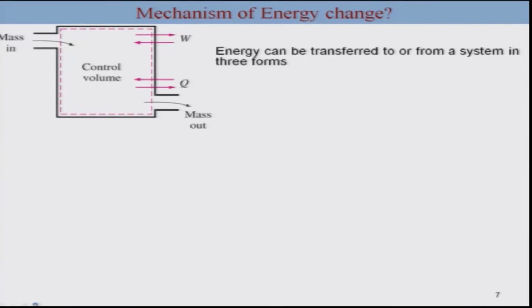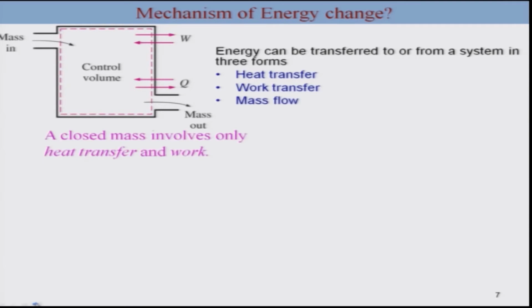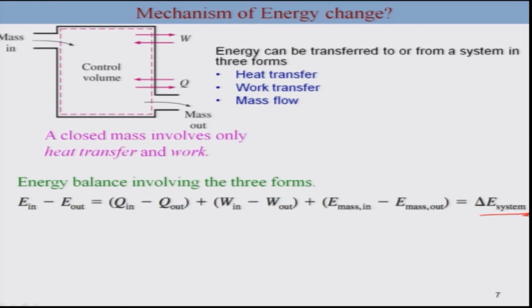As I said, energy can be transferred to or from a system in three forms: heat transfer, work transfer, and mass flow. If you close the system, then the only ways are heat transfer and work. We already talked about delta E system, which is delta U plus delta KE plus delta PE. This delta U is essentially of the system.